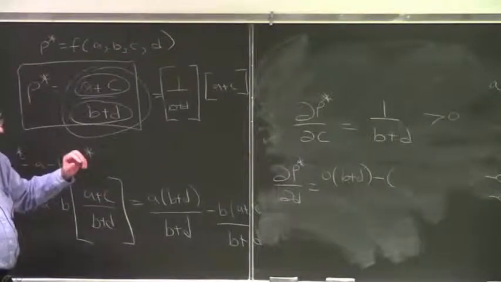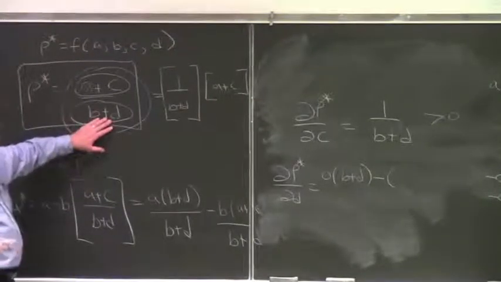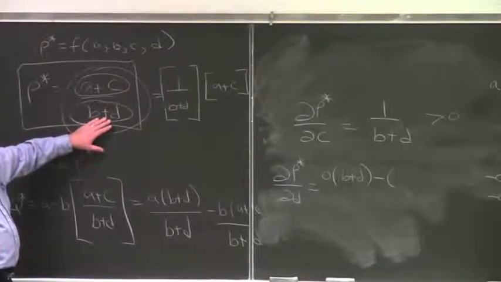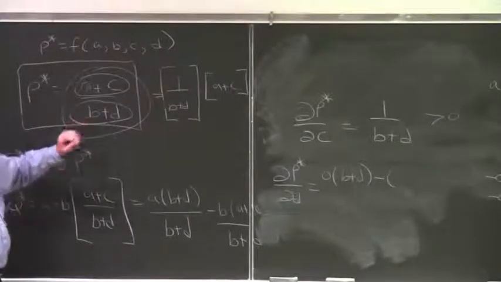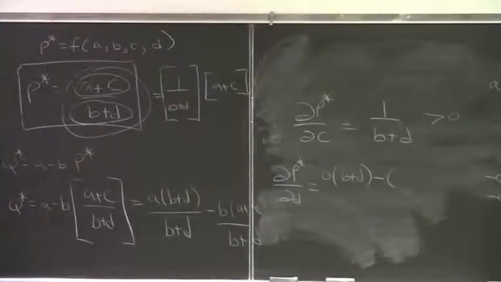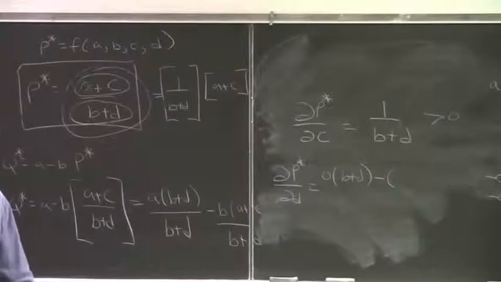Ryan, what's the derivative of the denominator with respect to D? It's so simple it's almost hard. 1, because it's just the coefficient on D, which is 1.